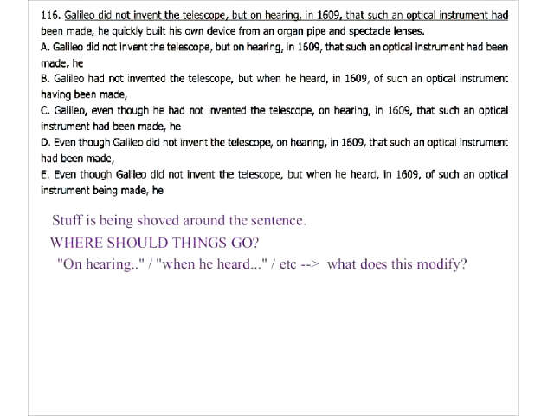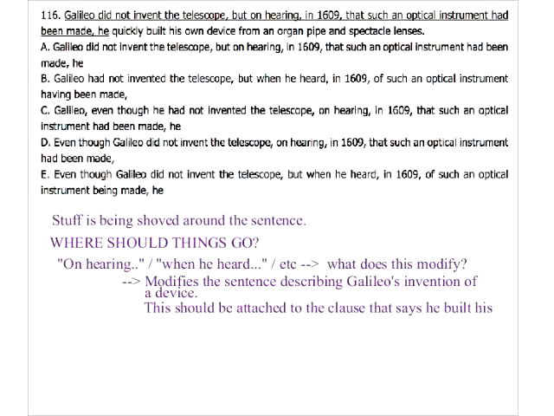But this modifies the sentence describing Galileo's invention of a device. So therefore, this should be attached to the clause that says he built his own device. And ideally, it shouldn't be attached to anything else.